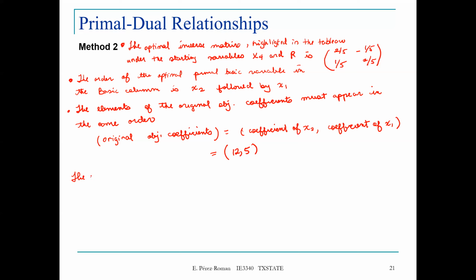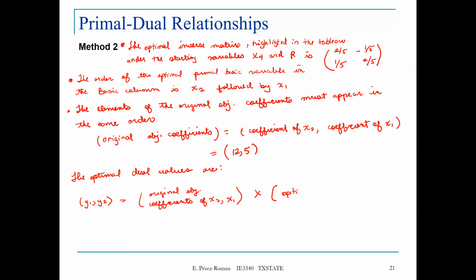So the optimal dual values are the following. y1, y2 equals the original objective coefficients of x2, x1 times the optimal inverse.